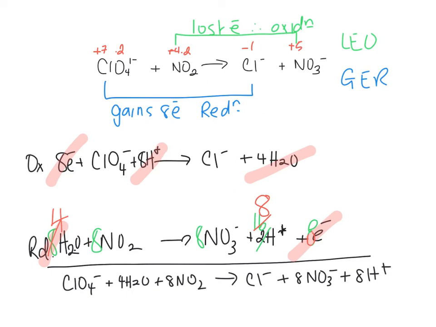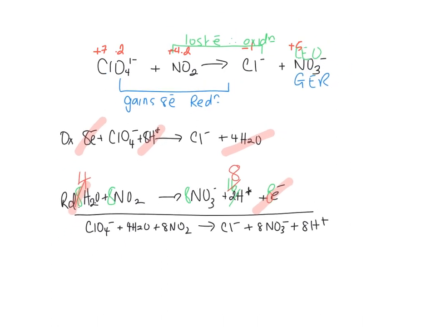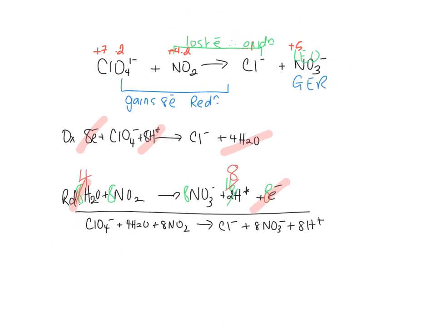If it said basic, you would add one extra step. You would add OH minuses to cancel your H plus. So let me just show you what that would look like. So if it said balance in base, what you could do is just add one extra step. I've got 8 H pluses, I want to cancel those and make it basic.